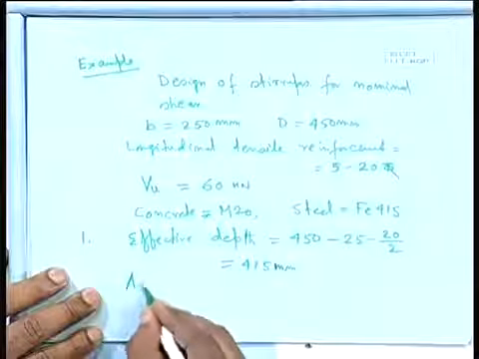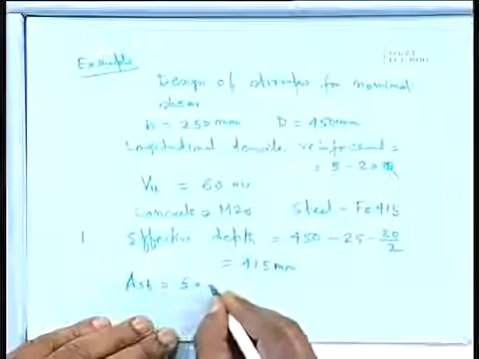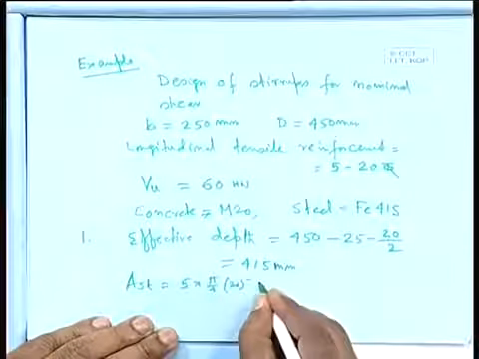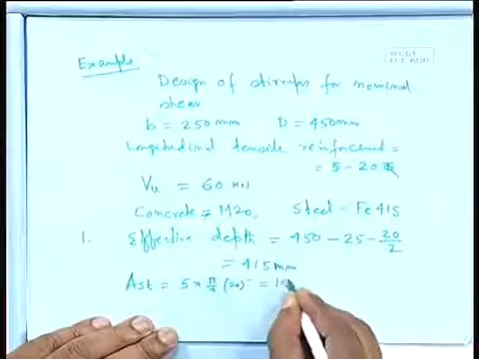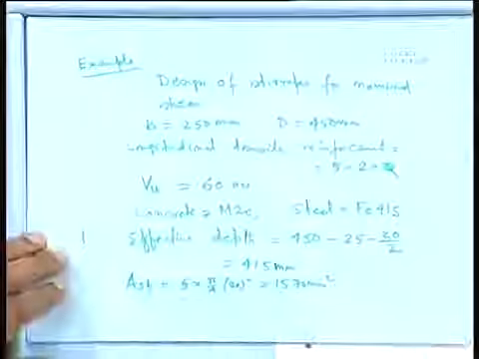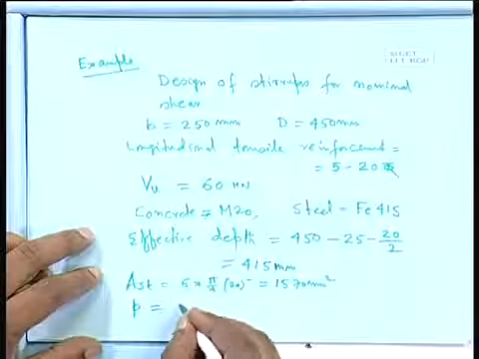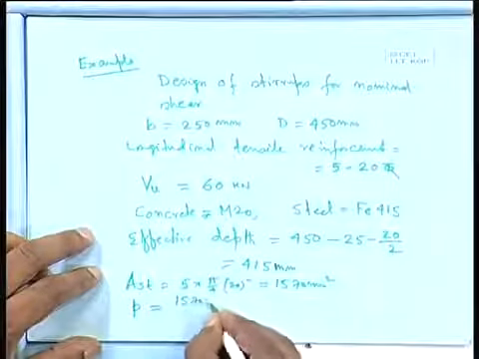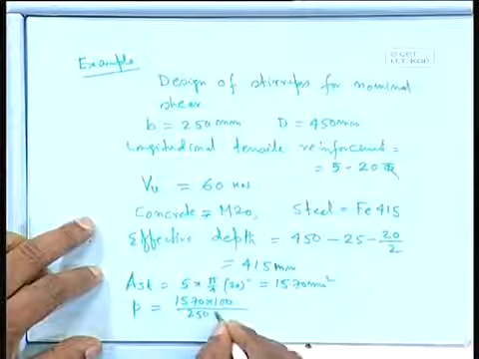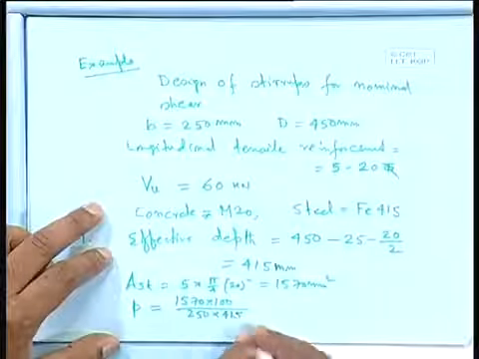Area of steel AST equal to 5 into pi by 4 into 20 square, equals 1570 square millimeter. Let us write down here percentage of steel P equal to 1570 into 100 divided by 250 times 415. 415 is the effective depth.